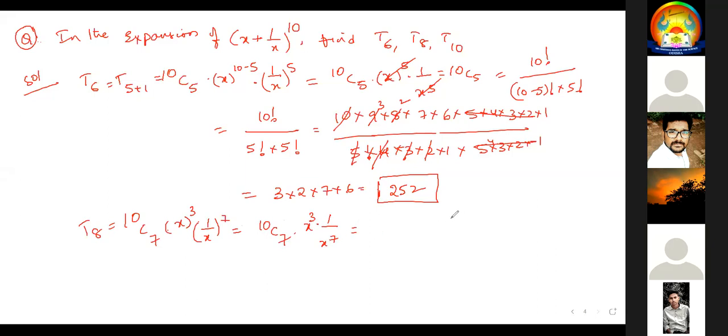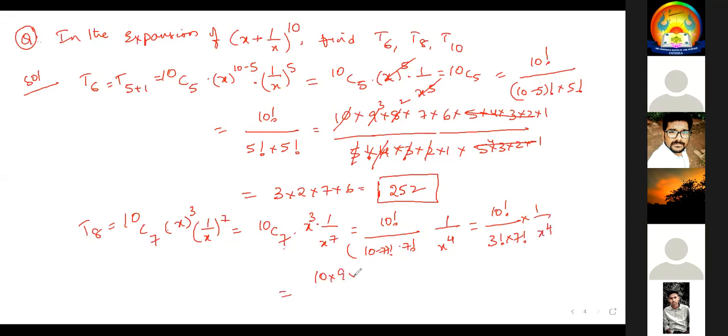So 10C7 into x^3 into 1/x^7. These get cancelled and it becomes 1/x^4. 10C7 can be written as 10 factorial by (10 minus 7) factorial into 7 factorial. So we get 10 factorial by 3 factorial into 7 factorial into 1 by x to the power of 4.